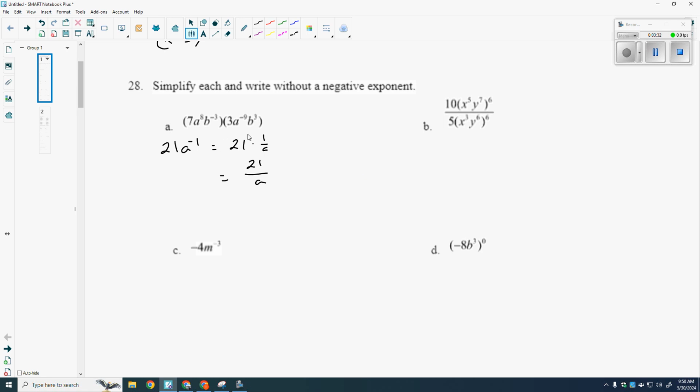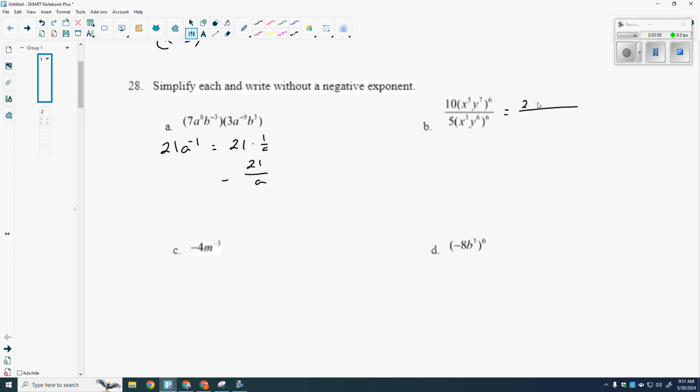When you multiply like bases, you add the exponents. I can't really touch anything in here as far as simplifying this way until I get rid of this. That's not totally true. Since these are the same, I technically can, but let's just get rid of that first to make things easier. I could reduce the 10 and the 5 first, so let's do that. 10 and 5 reduces down to 2 and 1.